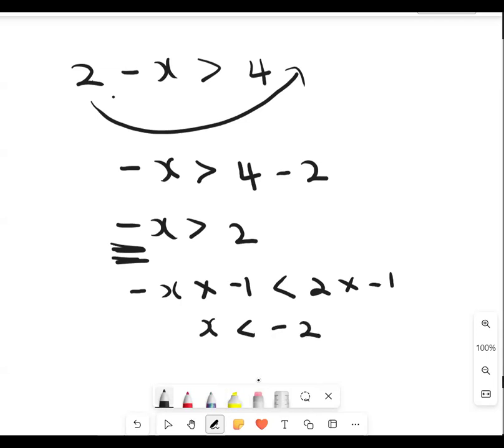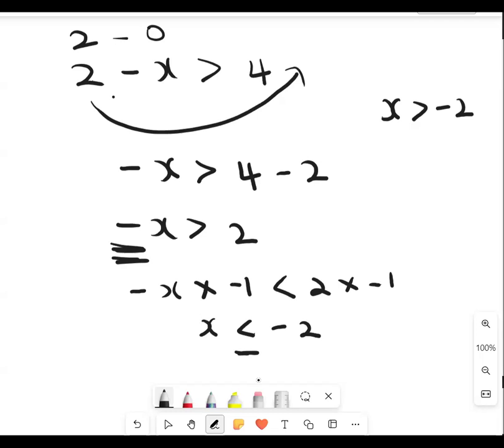If you don't turn it around, you will have x is greater than minus 2. Let me take a number greater than minus 2, let's take 0. I put 0 here: 2 minus 0 is 2. Is 2 greater than 4? No. So that's why we have to turn around the inequality sign. But look now, if we take a number less than minus 2, let me take minus 3.